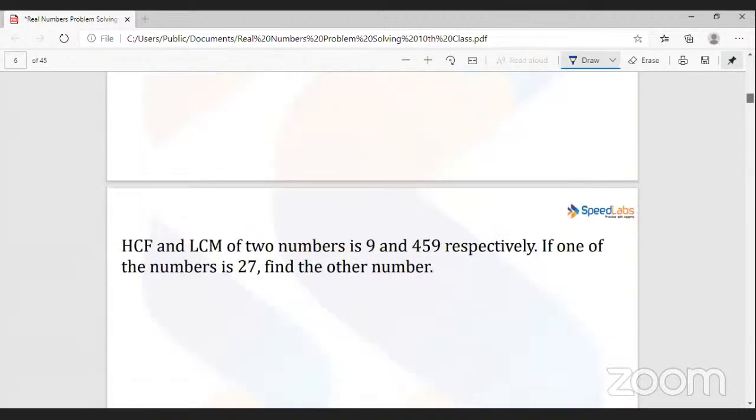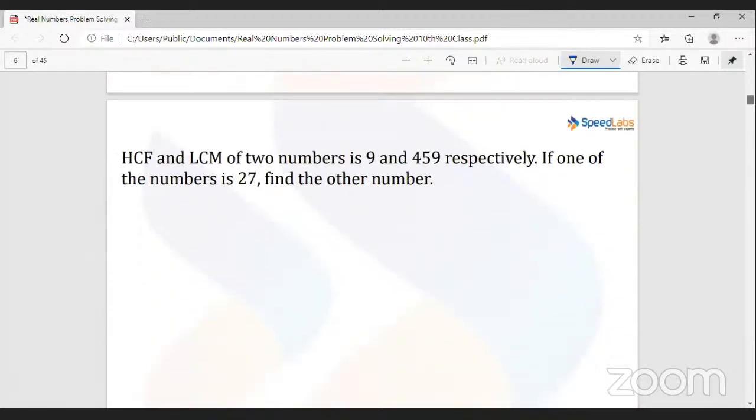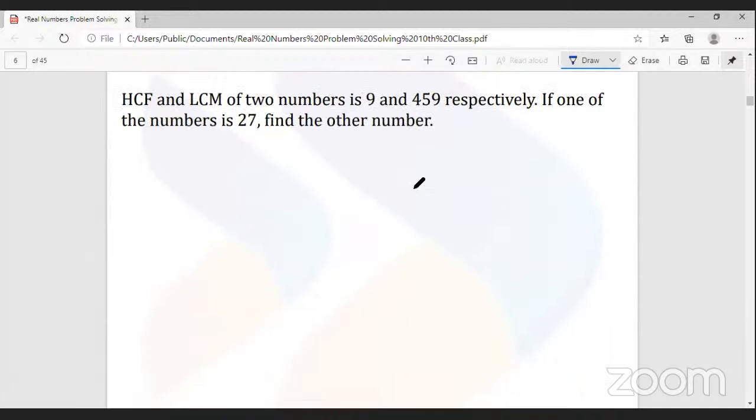Okay. So the next question is: HCF and LCM of two numbers is 9 and 459 respectively. If one of the numbers is 27, then you have to find the other number. So you have 2 minutes to solve this question and let me know the answer.